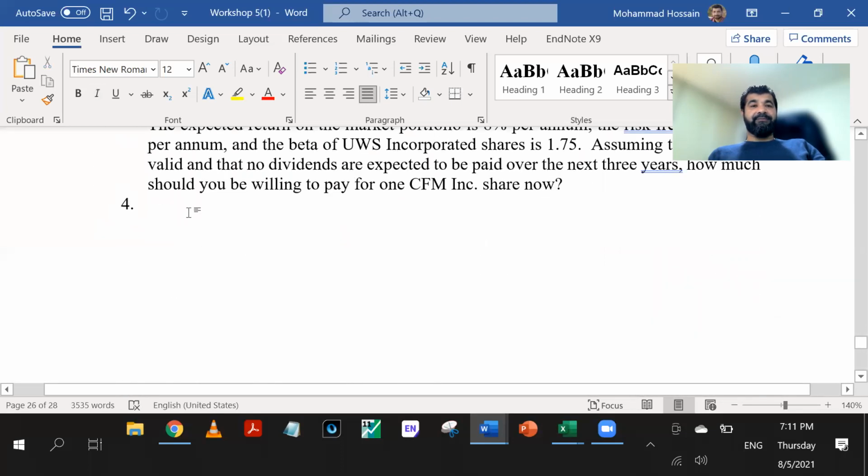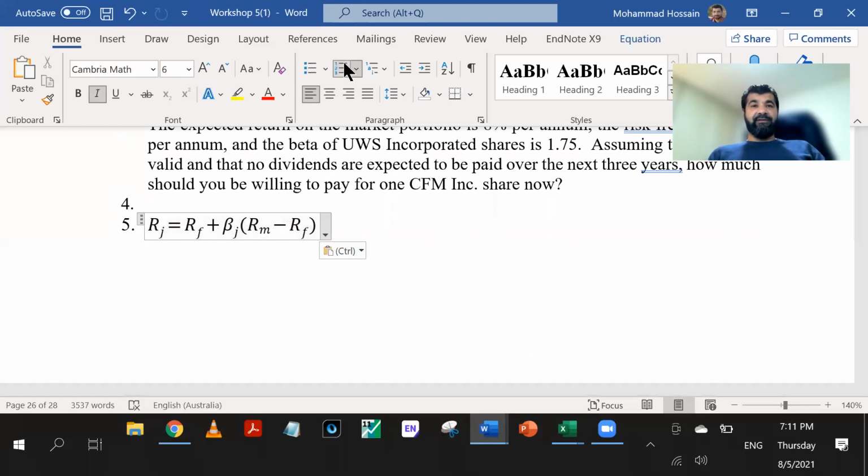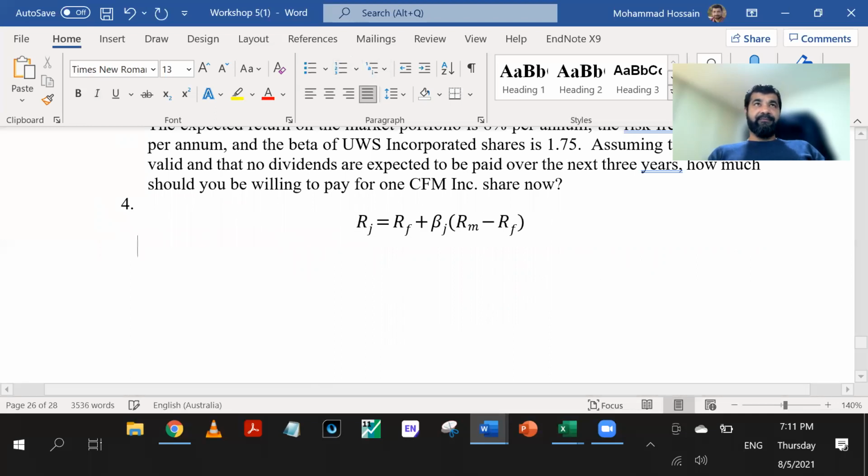RJ is equal to 0.05 plus 1.75 multiplied by 0.08 minus 0.05.